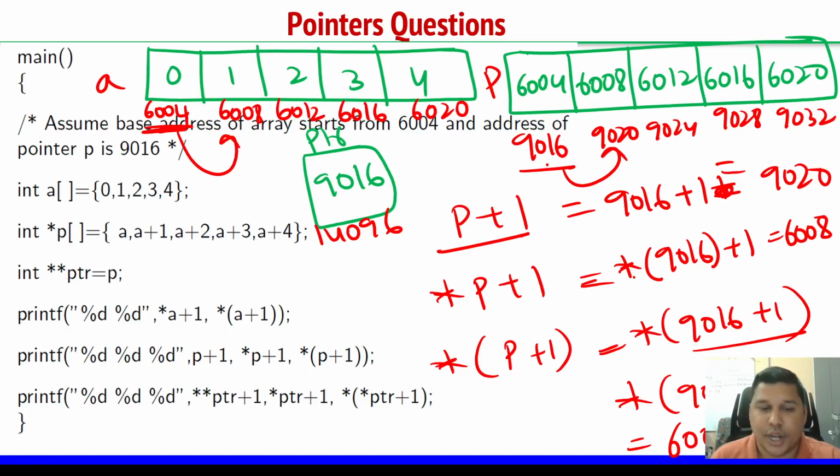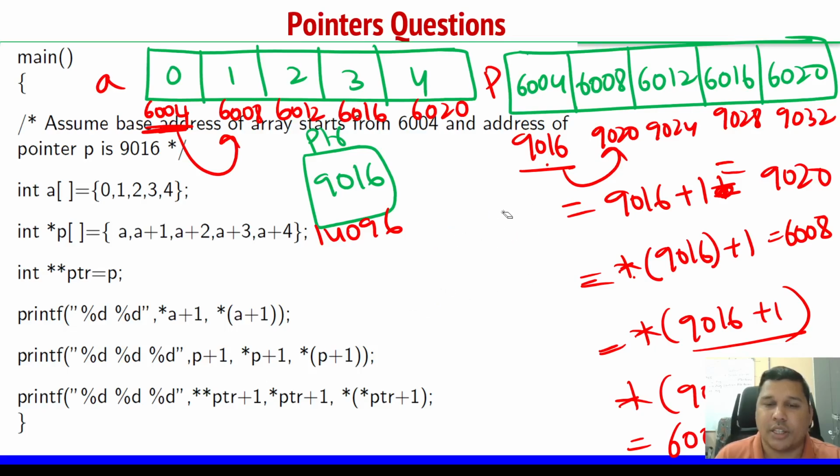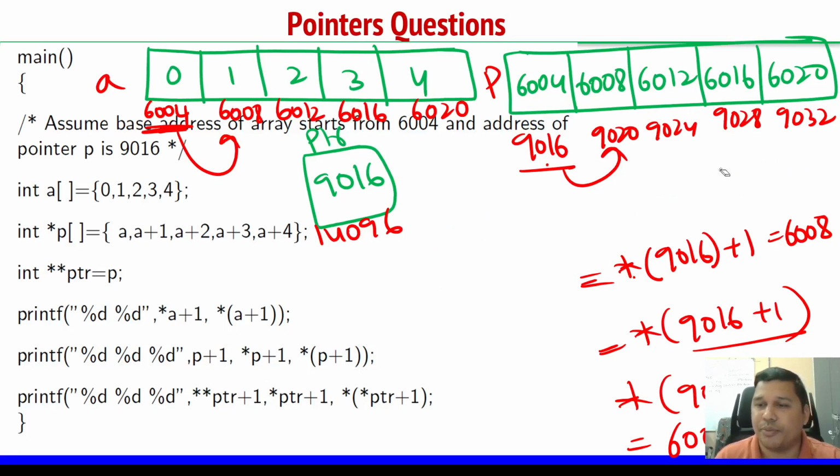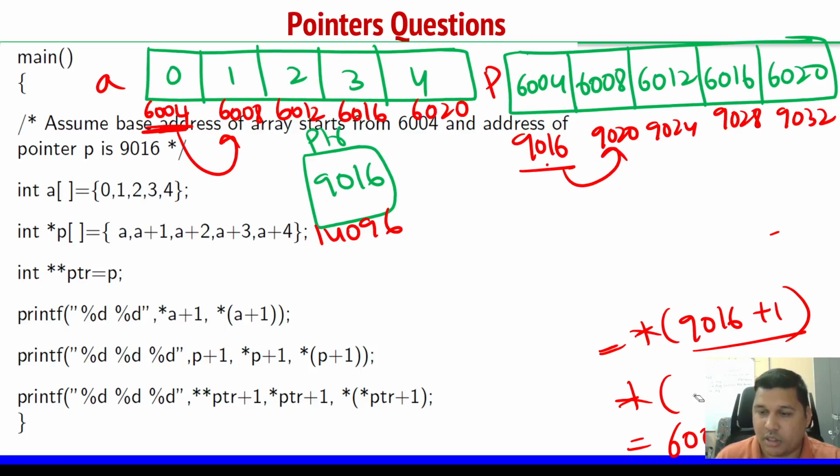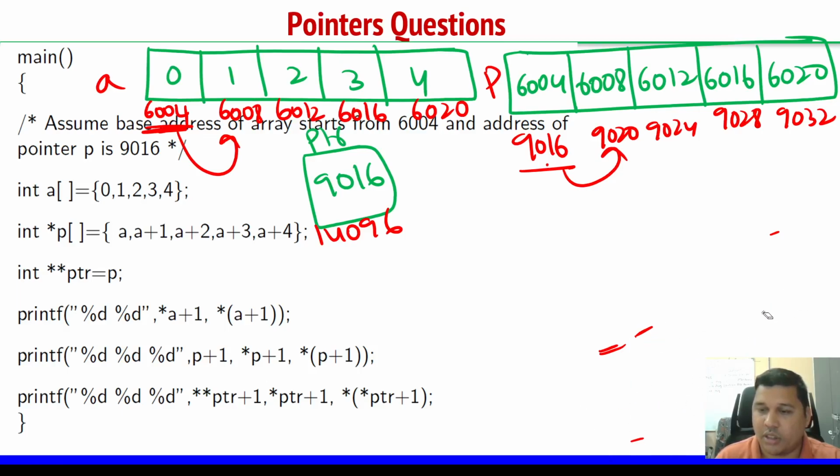Right? Now let us see the third printout statement, the cout statement we have. Let us find out this first.